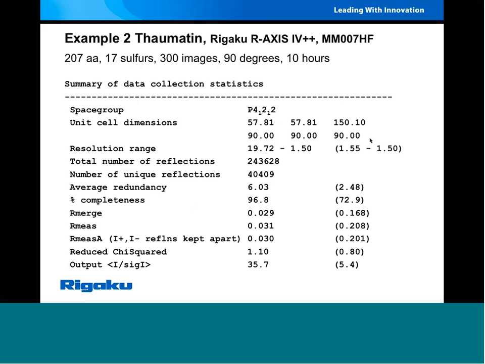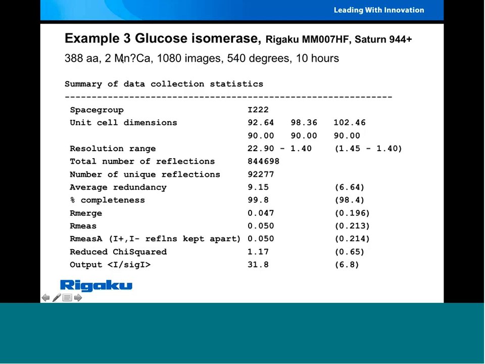The thaumatin data, which it doesn't look like I have time to show, is 90 degrees of data, and the average redundancy was 6, so it's about 3-fold on I+, 3-fold on I-, and it's good data, and it's spine slice data, so 0.3 degrees on an imaging plate system. It has 17 sulfurs.